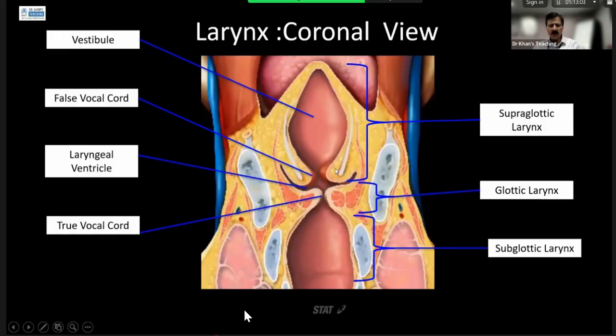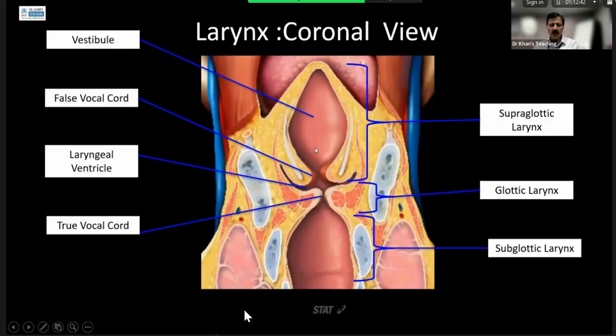On this diagram, you have to learn some more vocabulary, and after this, I'll give you a break. This is the supraglottic larynx. We will learn how we divide it shortly. But the airway inside is known as the vestibule. This word should be in your vocabulary: vestibule.